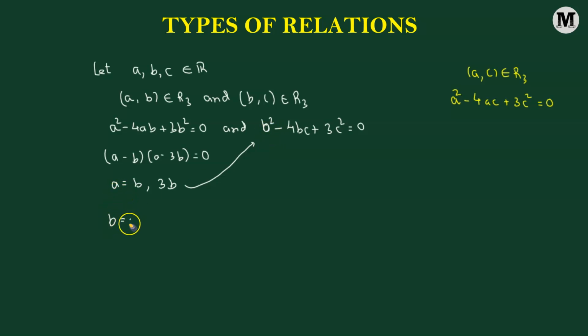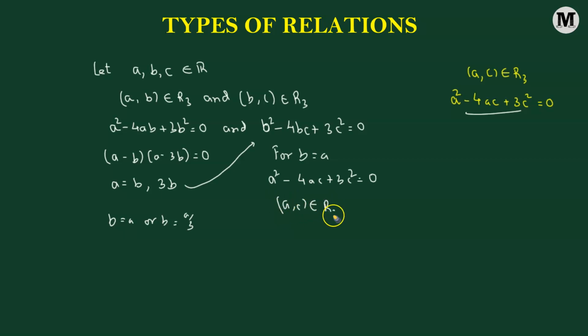So b could be a, or b could be a over 3. For b equals a, we get the equation a squared minus 4ac plus 3c squared equals 0. Yes, we are getting this equation. So this tells us that (a, c) belongs to the relation R3.